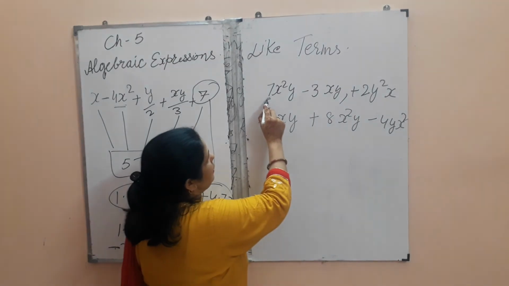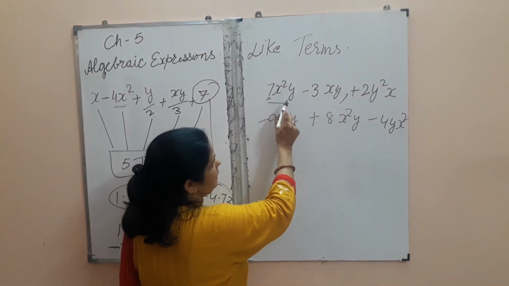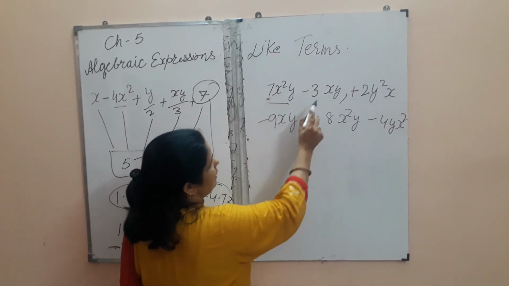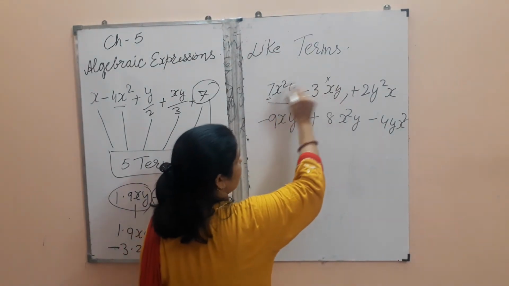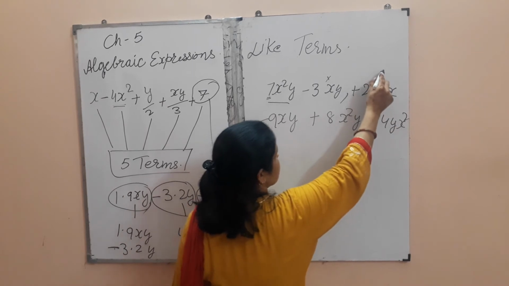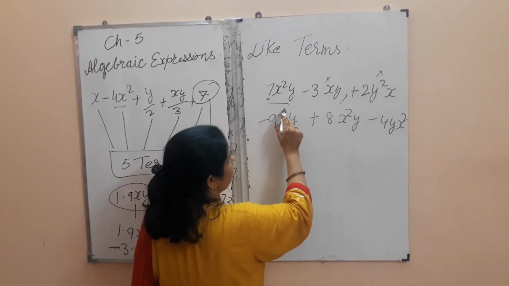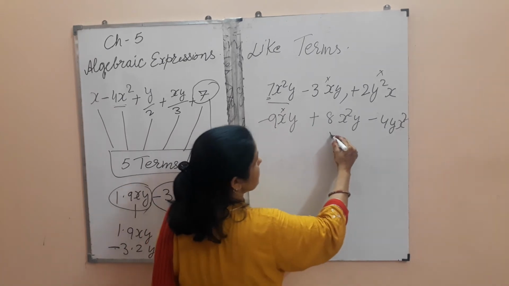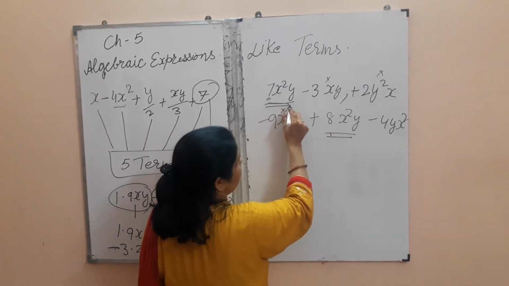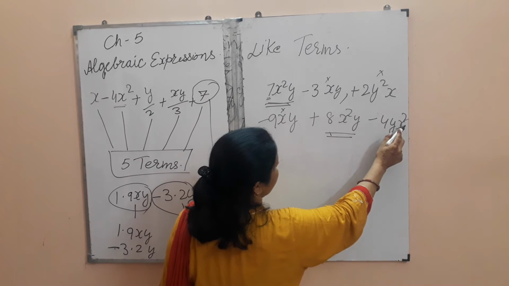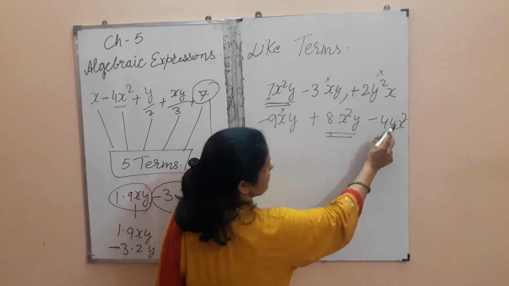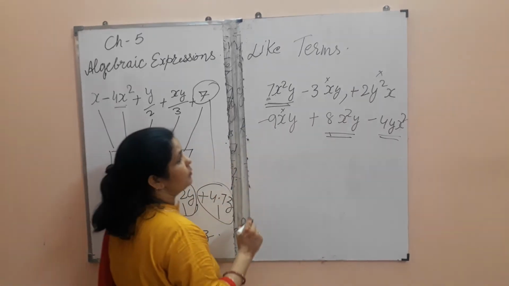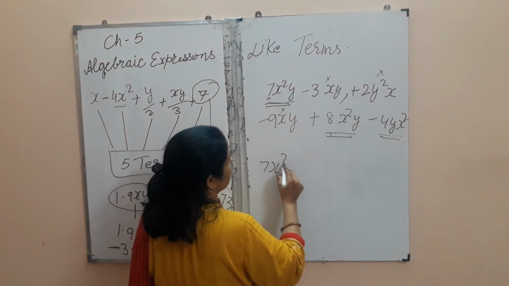So in this, 7x square y, is there any other x square y? This is xy, this is not like this. Y square x is also not, xy also not, and x square y, here also x square y, this is a like term. And minus 4y x square, y is single and x is square, so this is also a like term.